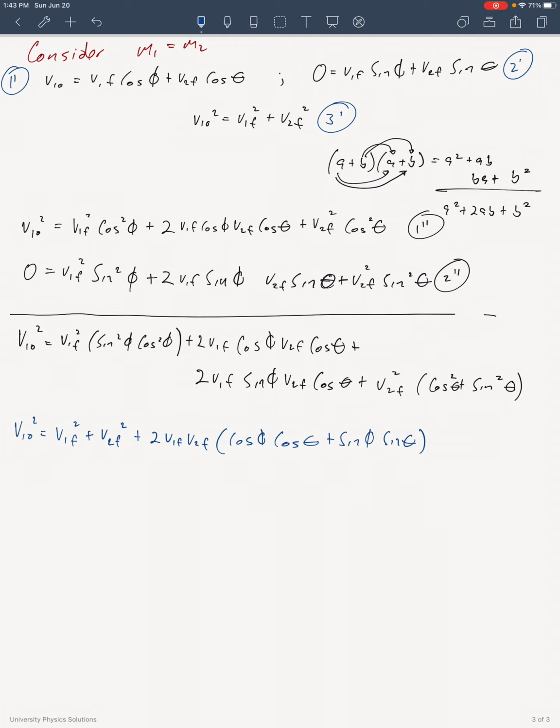Now, this is my equation 1 plus 2. Or I guess really it's 1 double prime plus 2 double prime. I just simplify that. Let's call that equation, what should we call it? I don't know. Call it equation 4.